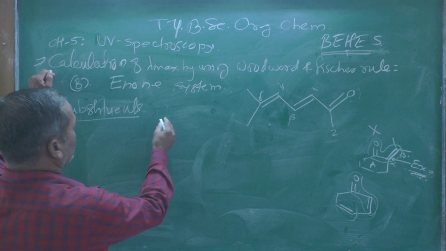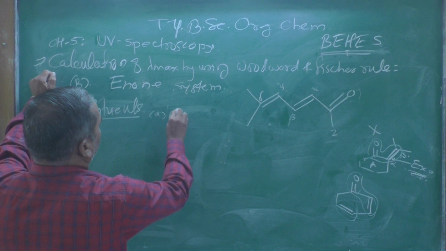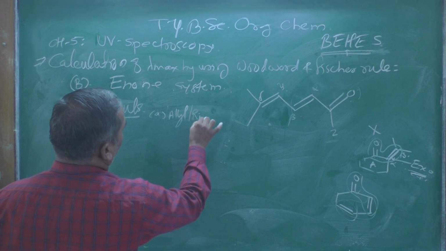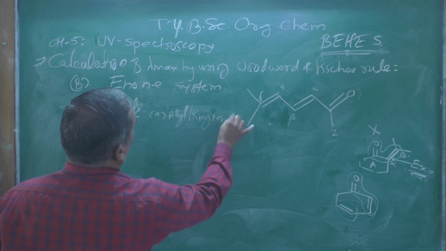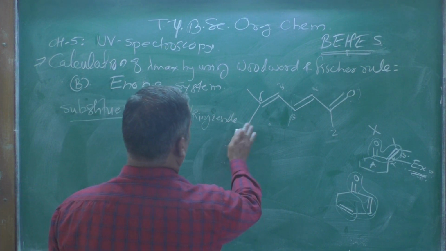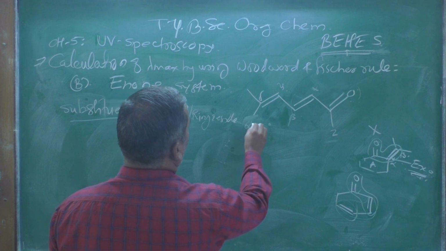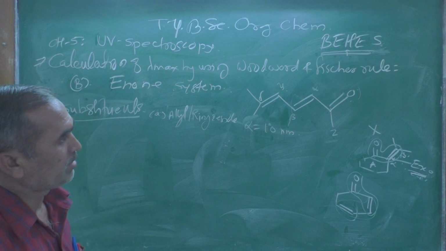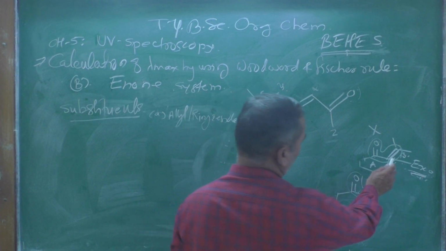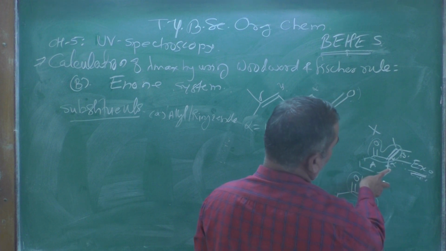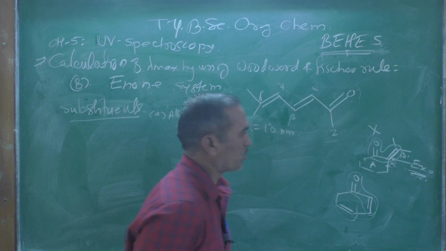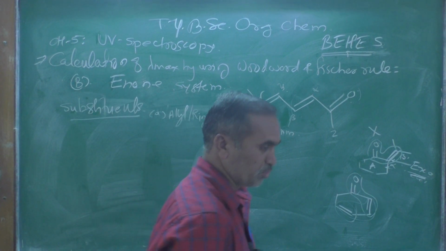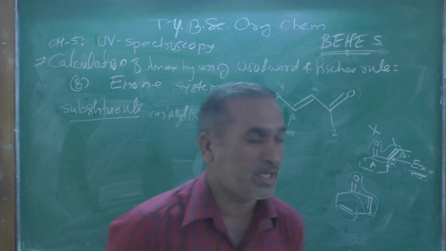Suppose A is an alkyl group or ring residue. How much to add? If they are present at the alpha position, you should add 10 nanometer. So remember, if here at the alpha position there is one alkyl group, or what you can call a ring residue, you should add 10 nanometer to it.